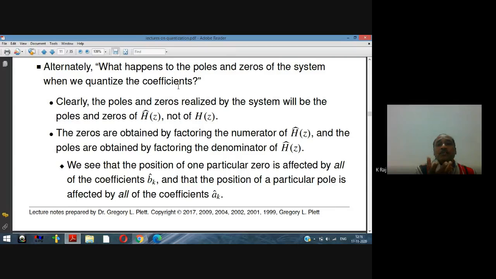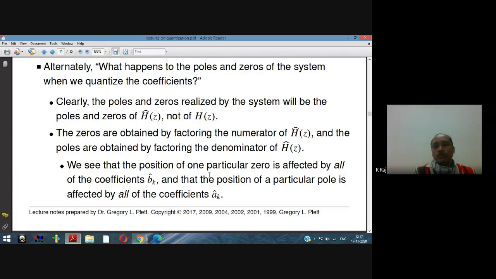Since H(z) has a different value than H cap z, with different coefficients, the position and values of the poles and zeros will also be different from those of H(z). The zeros are obtained by factorization of the numerator. Similarly, by factorization of the denominator of the modified H(z), we can obtain the poles of the system.